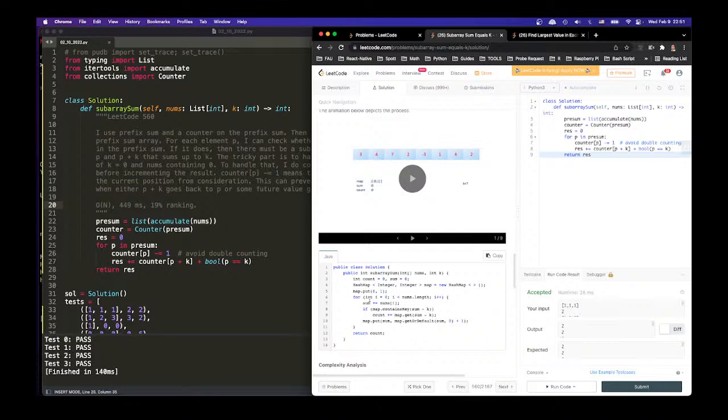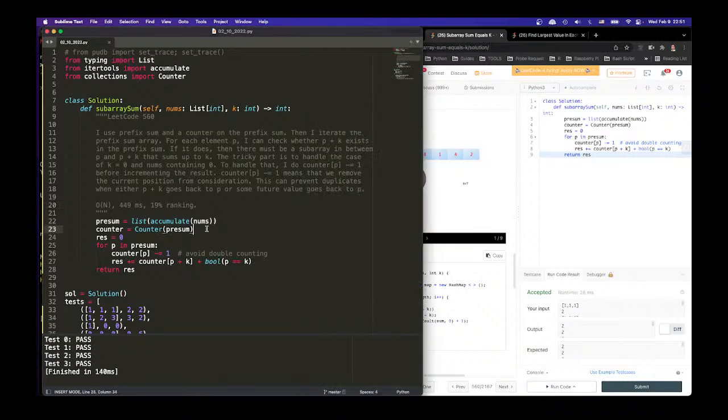I see, I can avoid this by saying counter 0 plus equal to 1.